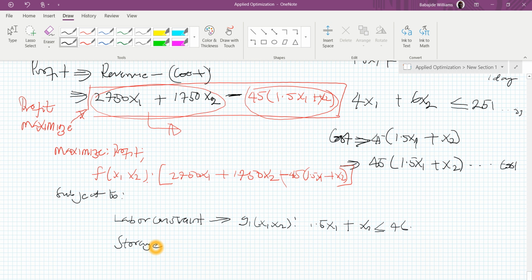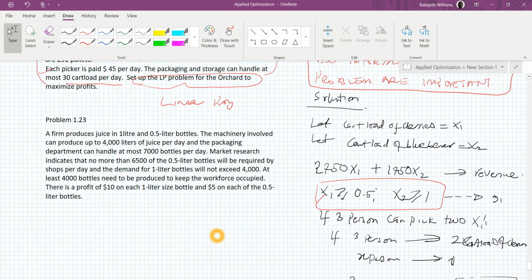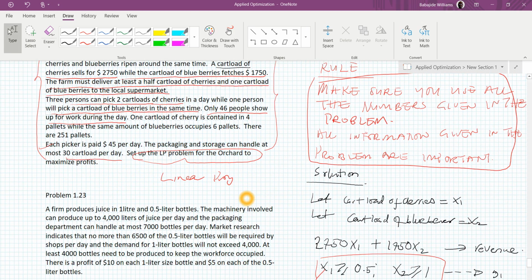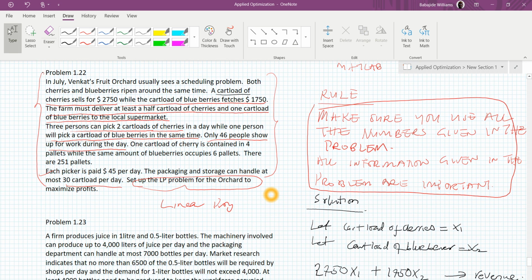So let's go to the storage constraint. Did I miss anything out? Yeah, sorry, I missed this out. The packaging and storage can handle at most 30 cartloads per day.